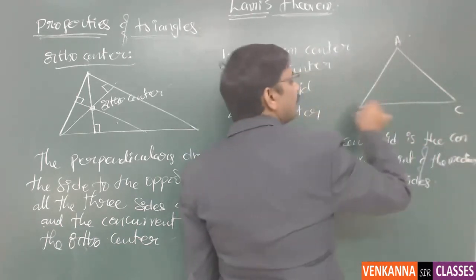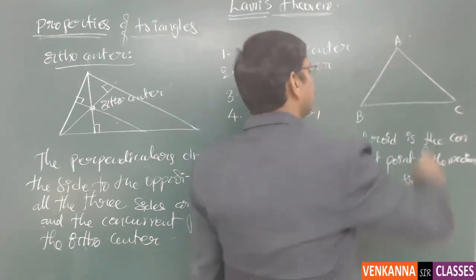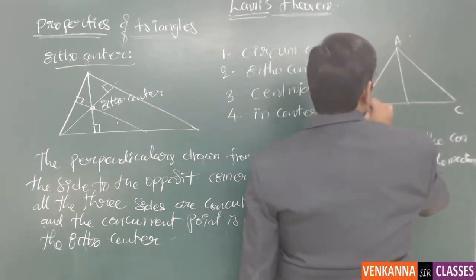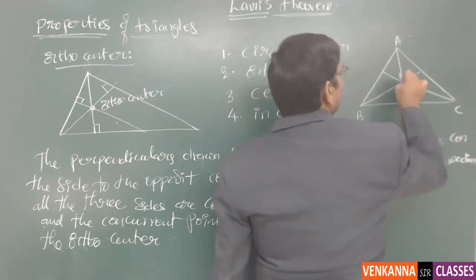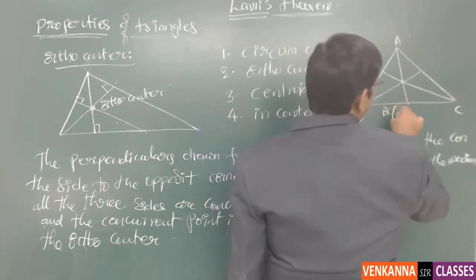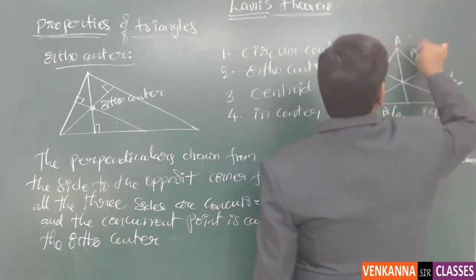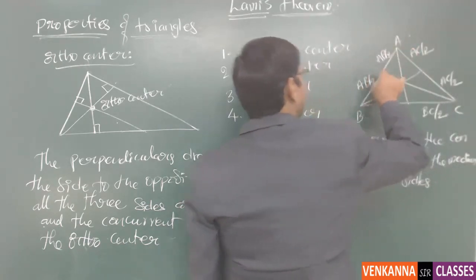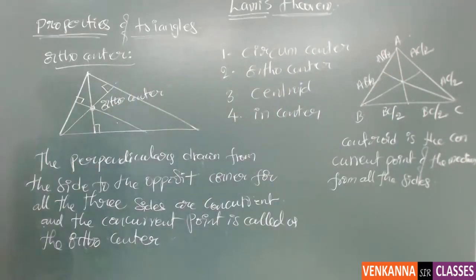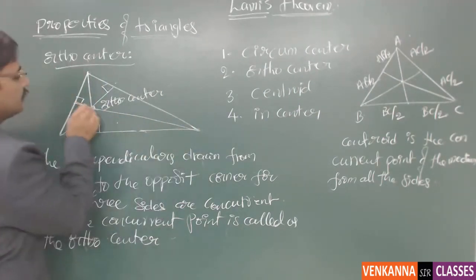Identify the midpoint of each side and draw a line to the opposite corner. So this is the midpoint. This is BC by 2 and this is again BC by 2, this is AC by 2 and this is AC by 2, and this is AB by 2 and this is also AB by 2. Sorry, this one, yeah, this is the correct one.